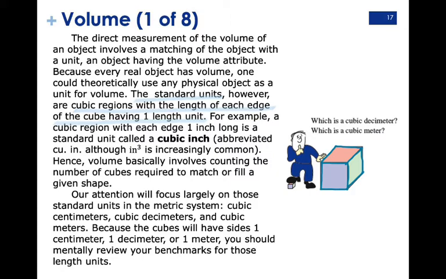In the metric system, we'll use a centimeter, or in the English system, inches. If each side was 1 inch, we would think of this as a cubic inch. But we'll talk about it as just an actual unit standard. So this would be 1 cubic unit if it was just 1 by 1 by 1.